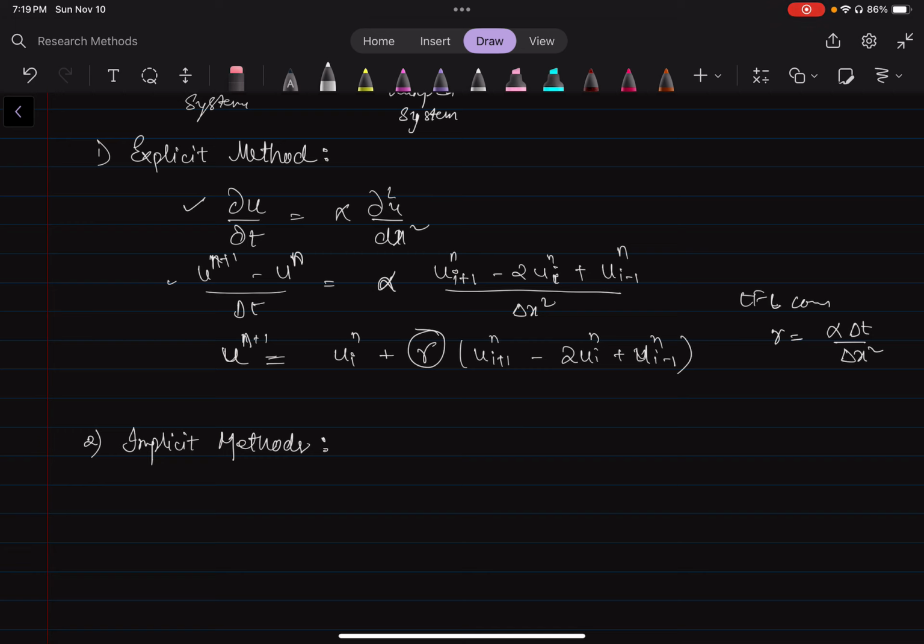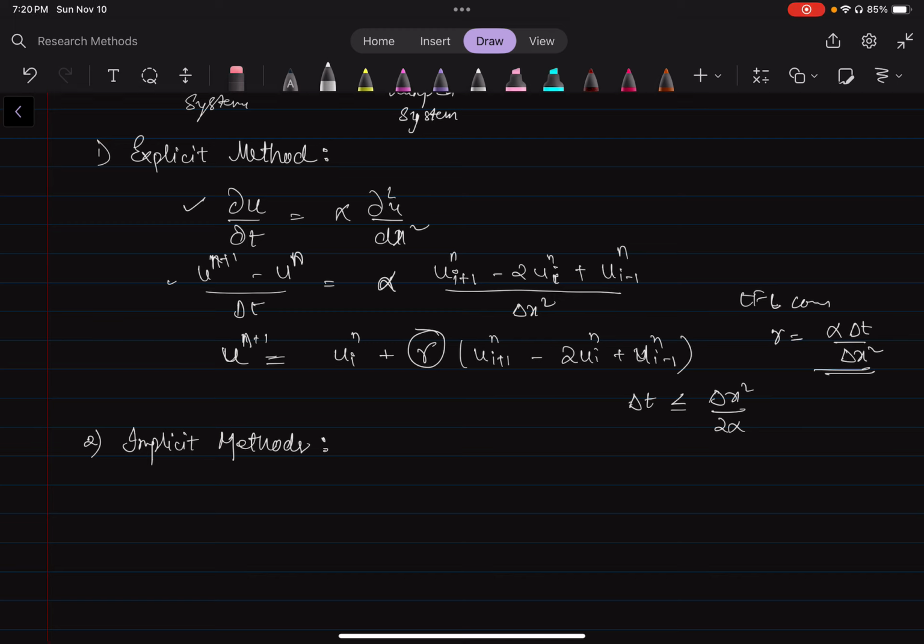This also defines the stability of the problem. Because it depends on this stability constant, delta t should maintain a ratio, which is the CFL condition: delta t should be less than or equal to delta x square by 2 alpha. So this defines the stability of this particular problem.